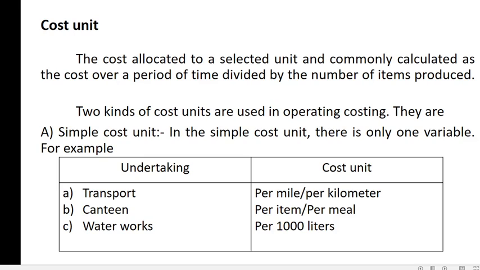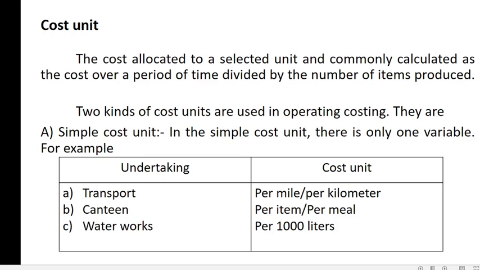In operating costing, there are two kinds of cost units. They are simple cost unit and composite cost unit. So what is a simple cost unit? A cost unit is said to be simple cost unit when there is only one variable. That means in a simple cost unit there is only one variable.